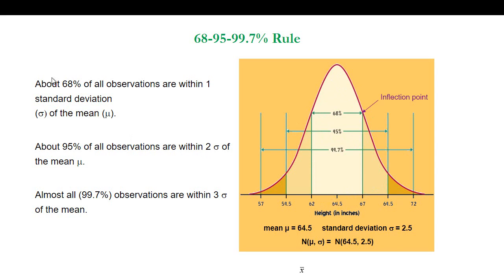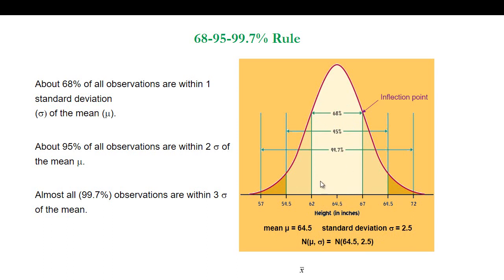What that means is that 68% of all observations are within one standard deviation sigma of the mean mu. So if height is normally distributed with mean height equal to 64.5, and let's say sigma in this case is 2.5, then 68% of the observations of height will be within one standard deviation from the mean.